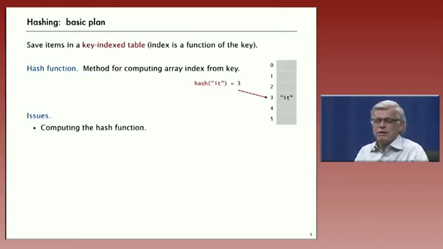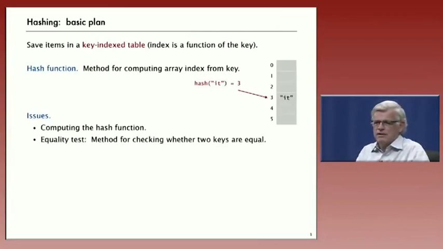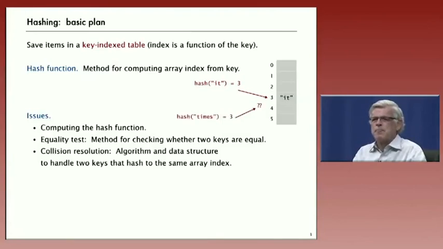First thing is we need to be able to compute the hash function. That is easy for some types of data, but it can get complicated for more complicated types of data. Then the other thing is that instead of doing compare-tos, we're going to be doing equality tests. So we have to be sure we've got the method that we want for checking whether two keys are equal. All we're going to do is look in the table and see if the key that's there is equal to the key we're looking for.